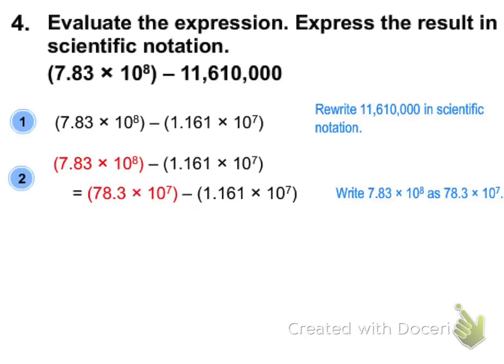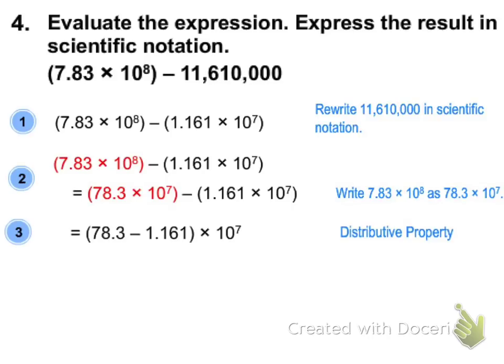So remember, we're subtracting this time: 78 and 3/10 minus 1 and 161 thousandths, and the whole thing is going to be multiplied by 10 to the seventh. And so then we get 77 and 139 thousandths times 10 to the eighth. I guess if you had gone up to the eighth power, then you probably wouldn't have to rewrite it in the end.